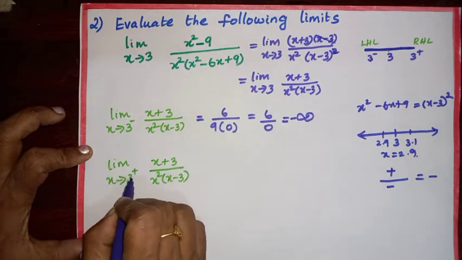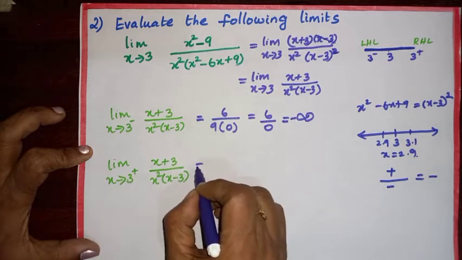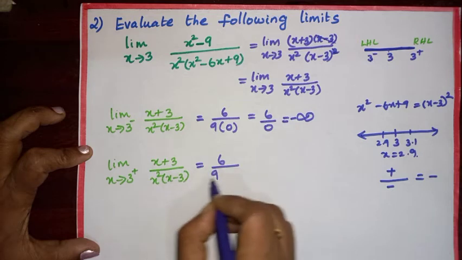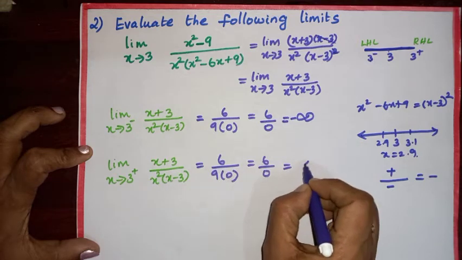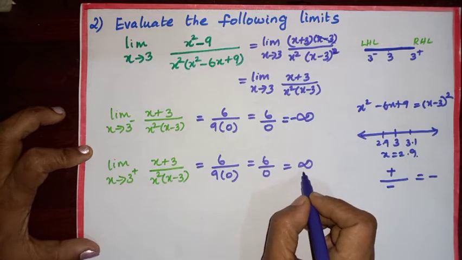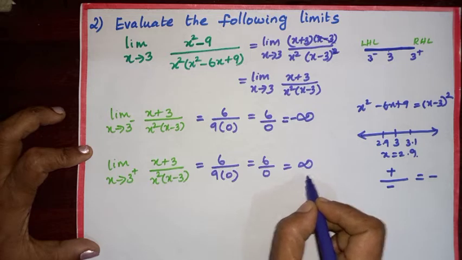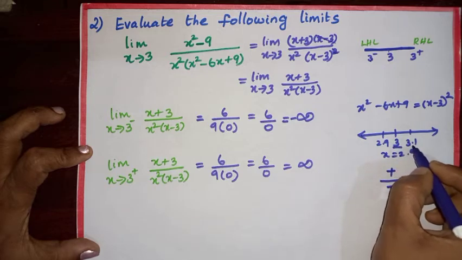Limit x tends to 3 plus, (x plus 3) by x square into (x minus 3). Substitute x as 3. The numerator will be 6, the denominator 3 square is 9, and 3 minus 3 is 0. So 6 by 0 which is infinity. So I am going to check whether it belongs to plus infinity or minus infinity. For that I am going to select one of the values which is greater than 3. That is 3.1.